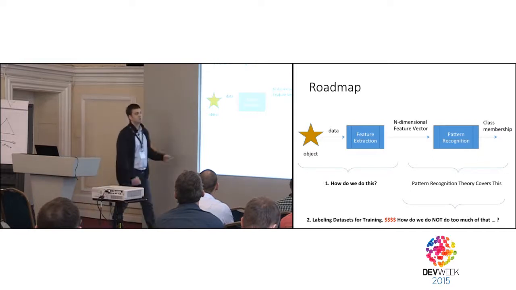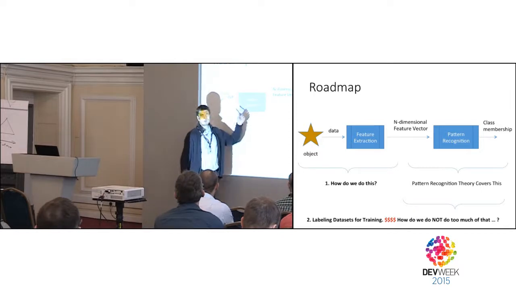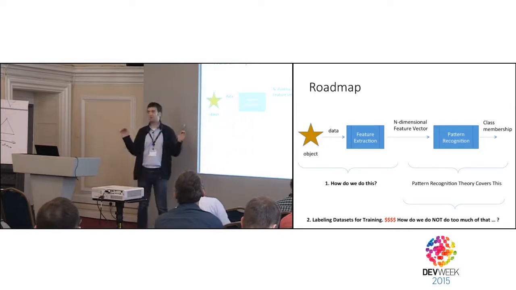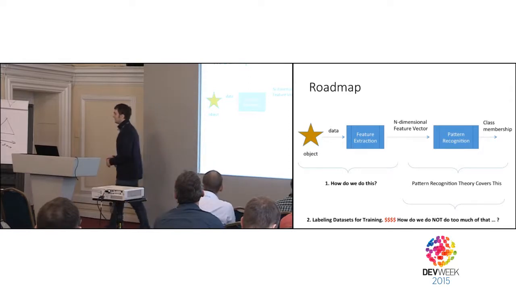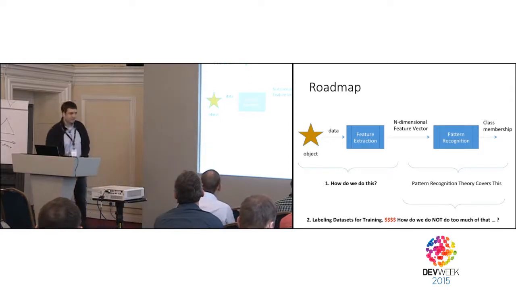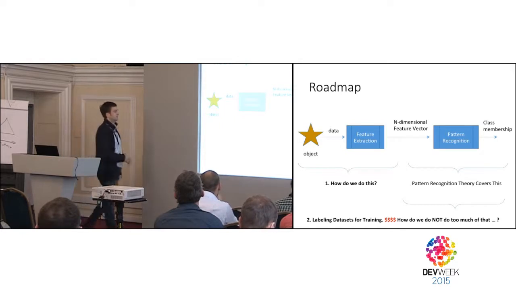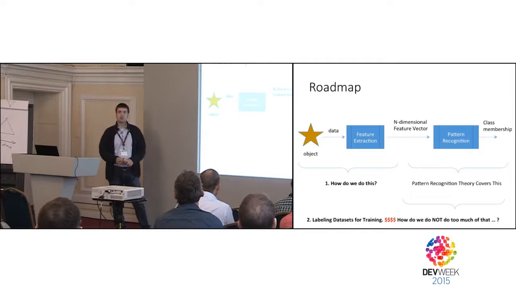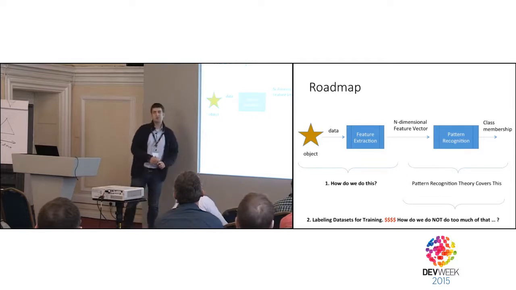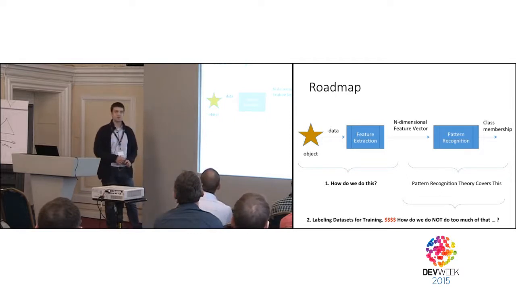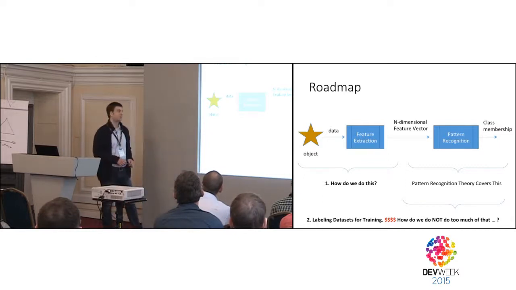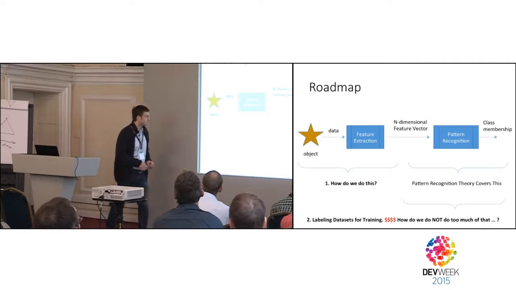From this data, we need to run a certain feature extraction algorithm that transforms this data into a fixed-size vector of a certain number of parameters, characteristics that we think describe the object well enough to distinguish it and assign it to a certain class.